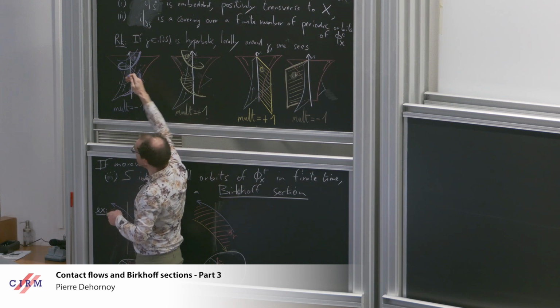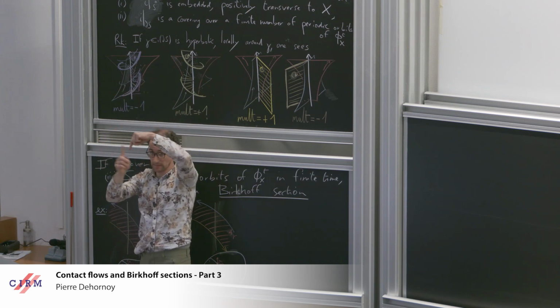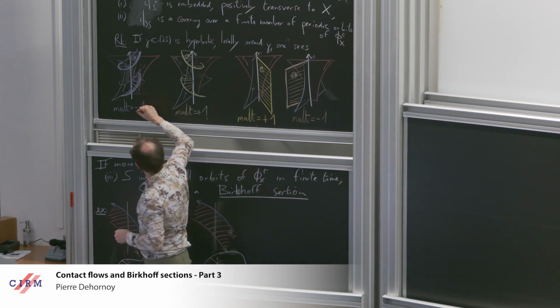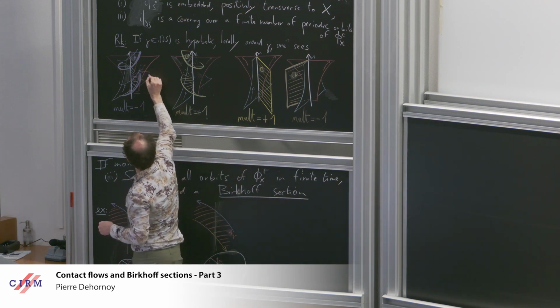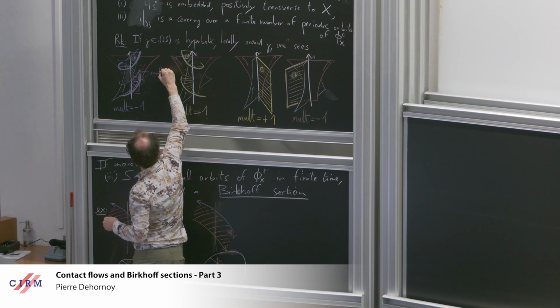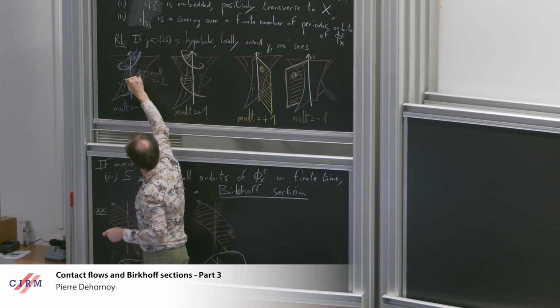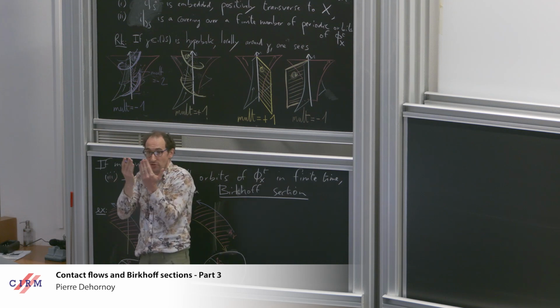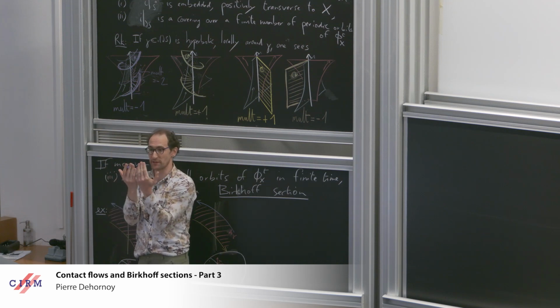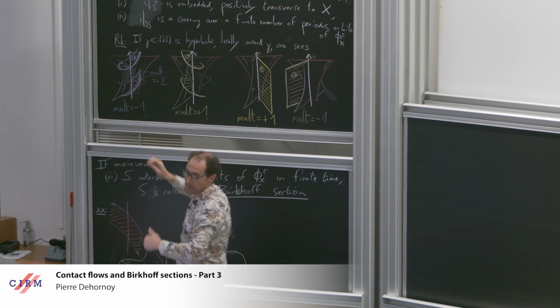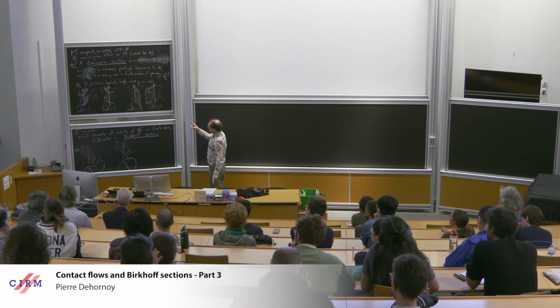If you have two parallel staircases that never meet, then in this case you would have multiplicity -2, because around every point in the boundary orbit you see two pages, you see your Birkhoff section twice, each with multiplicity -1, so this is -2. Okay, just a remark here.